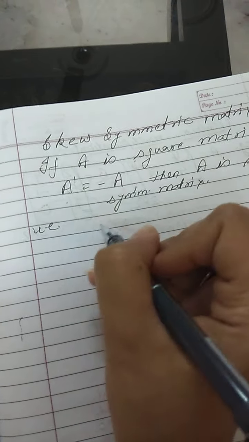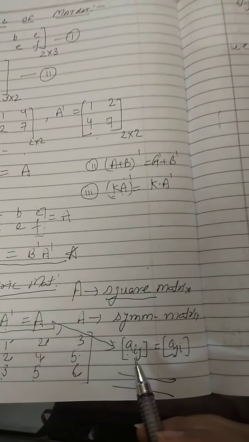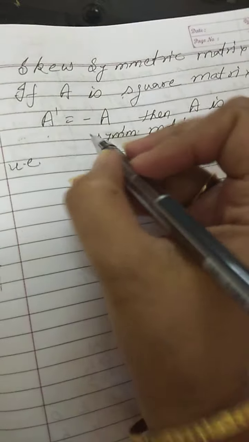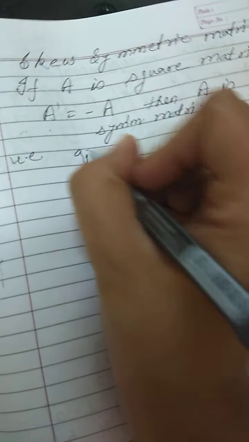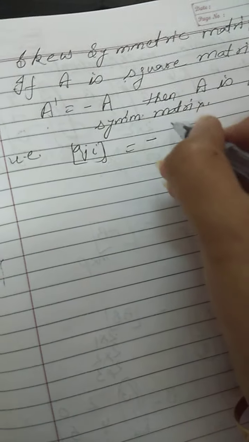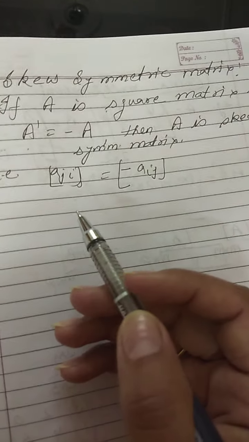What does it mean now? In a symmetric matrix we said the Aij element will be equal to the Aji element, but in the skew symmetric matrix, every Aji element will be equal to the negative of the Aij element. We will write down the example.